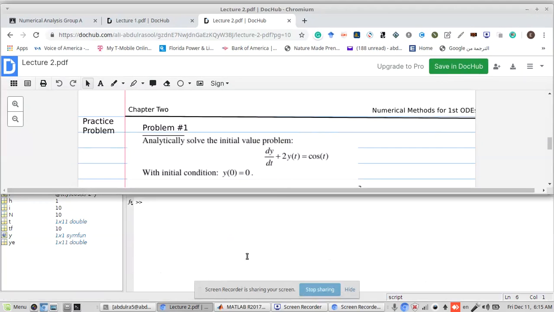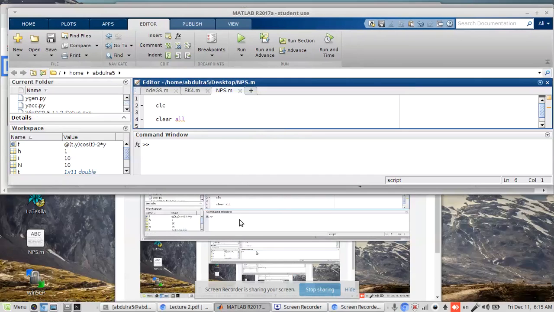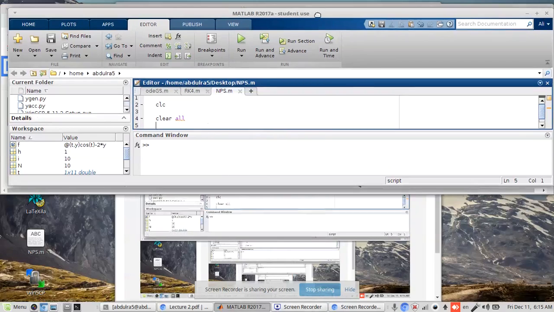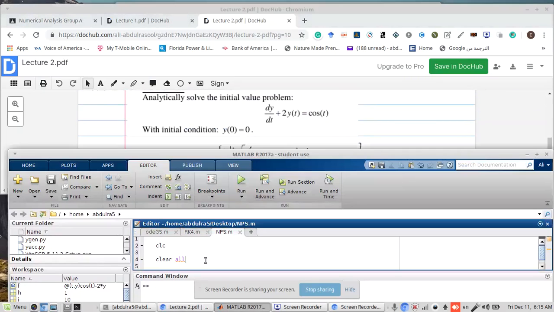How do I write this equation into Matlab? Well, there are some definitions in Matlab in order to define a function. So I'm gonna use inline defining.